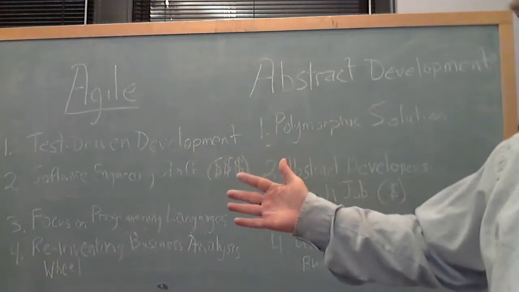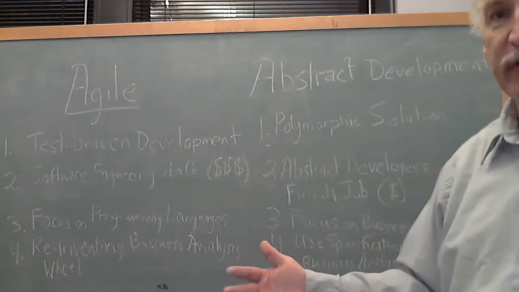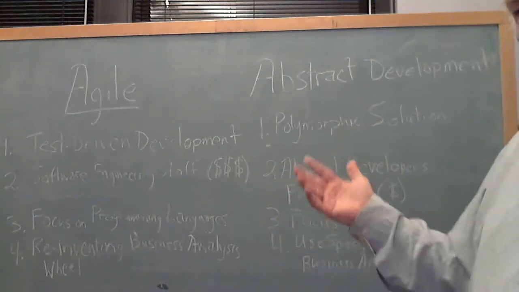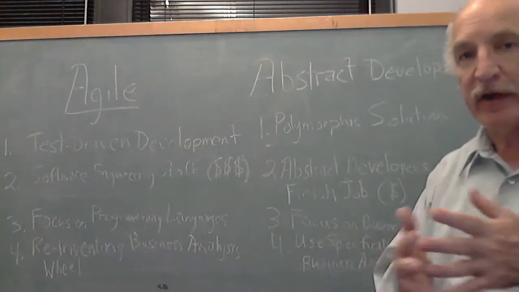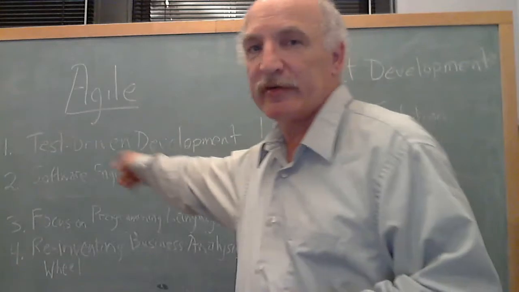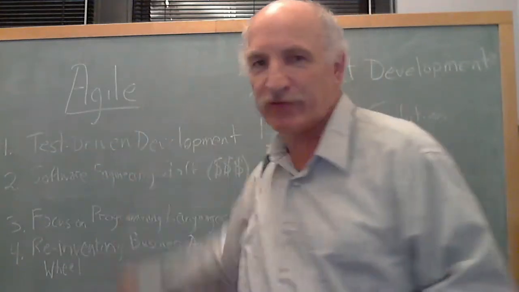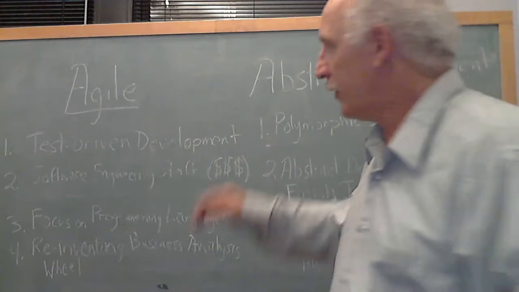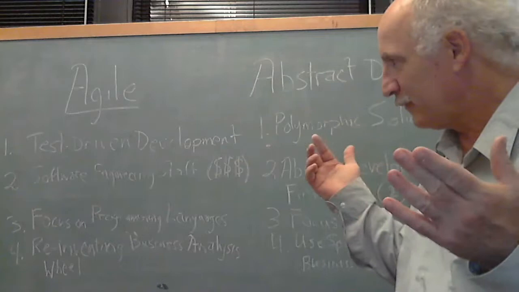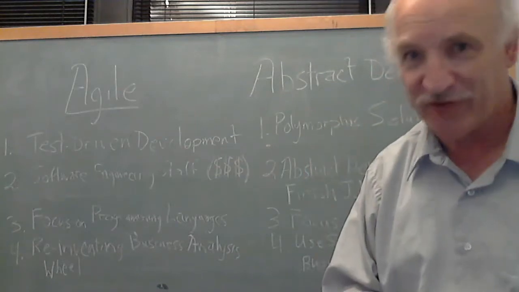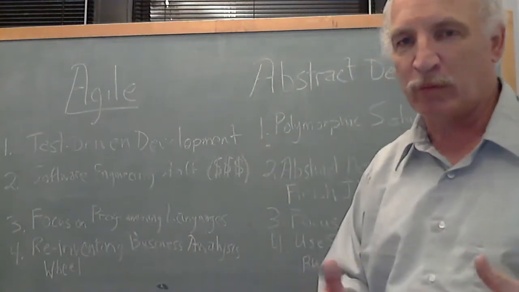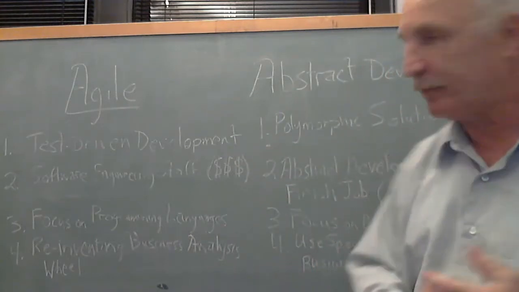So over a medium term, say a few months, maybe a year, the abstract development is done. Whereas the Agile, they're still doing their test-driven development and constantly recycling things. Not in a good sense. They are constantly re-exploring what should have been solved at the outset.